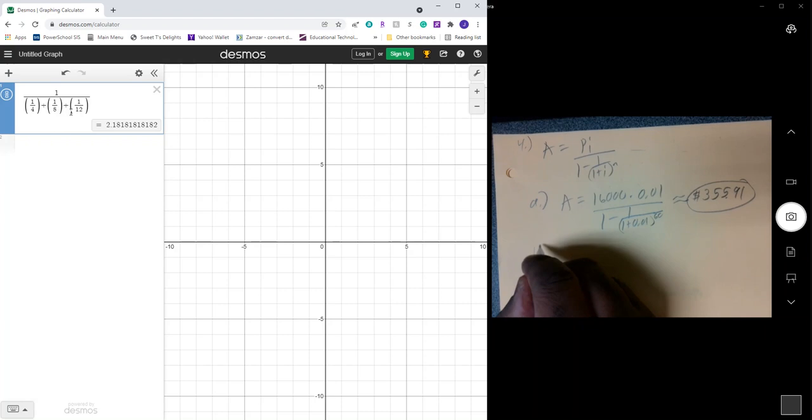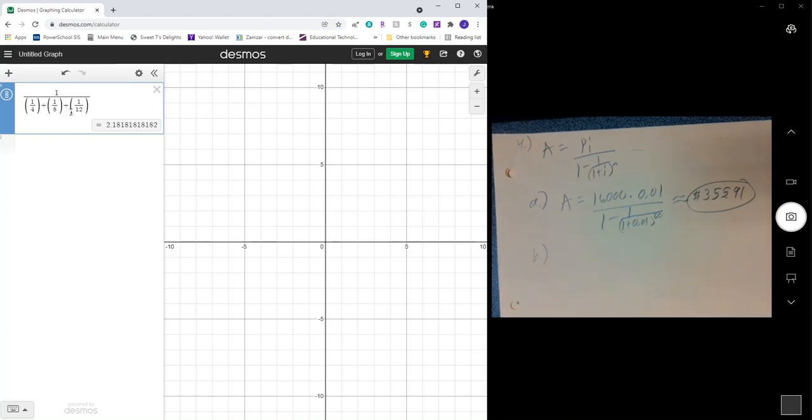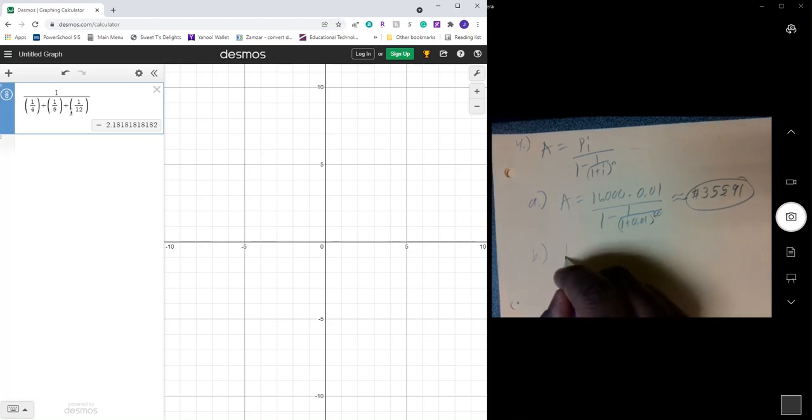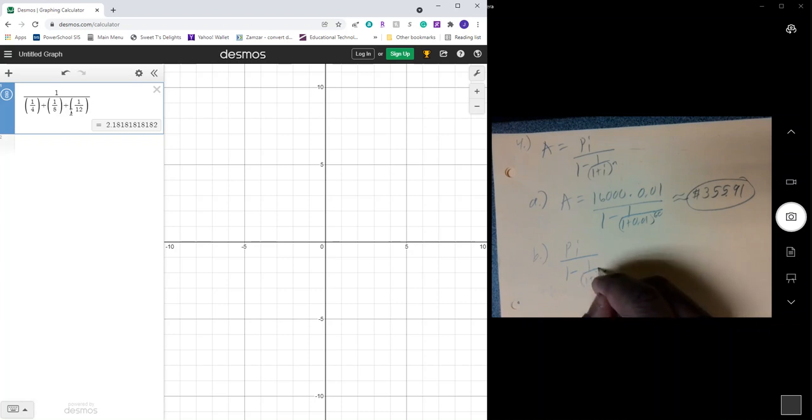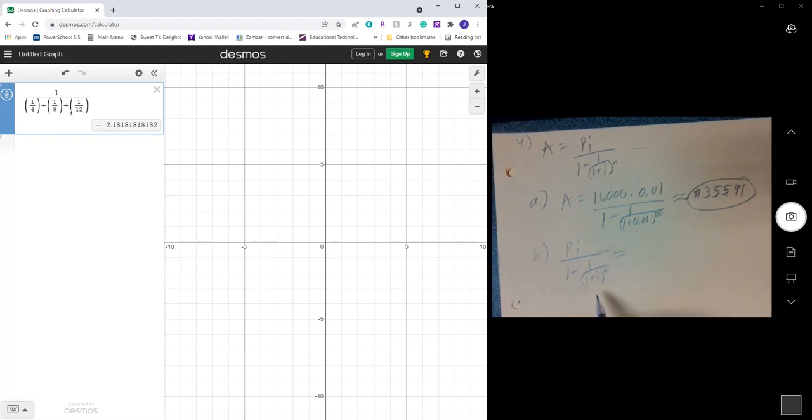Okay, B. It says simplify the complex fraction on the right side of the original formula. So basically, they want us to take the Pi over 1 minus 1 over 1 plus i to the n power. Okay? So now we have to find the common denominator here. The common denominator of 1 and 1 over 1 plus i to the n is 1 plus i to the n.